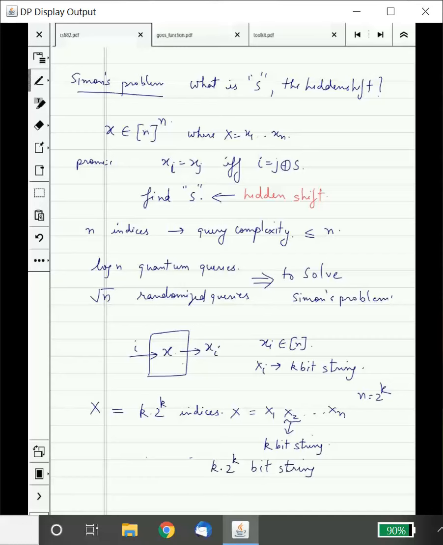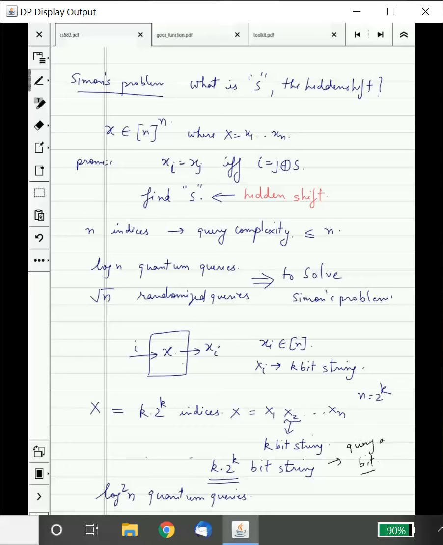And notice that I can still do the same thing using log squared n quantum queries. Because one quantum query would have been equivalent to k queries now, when I write everything as a bit, when I am only allowed to query a bit.